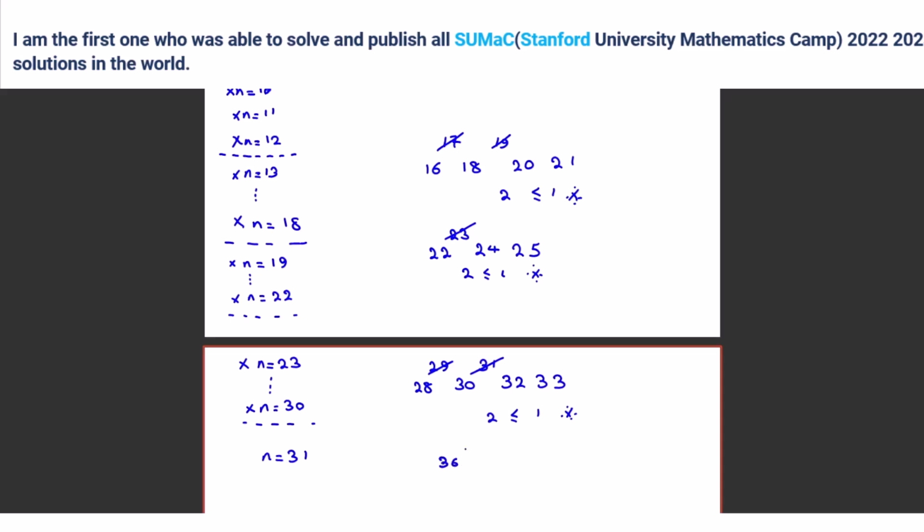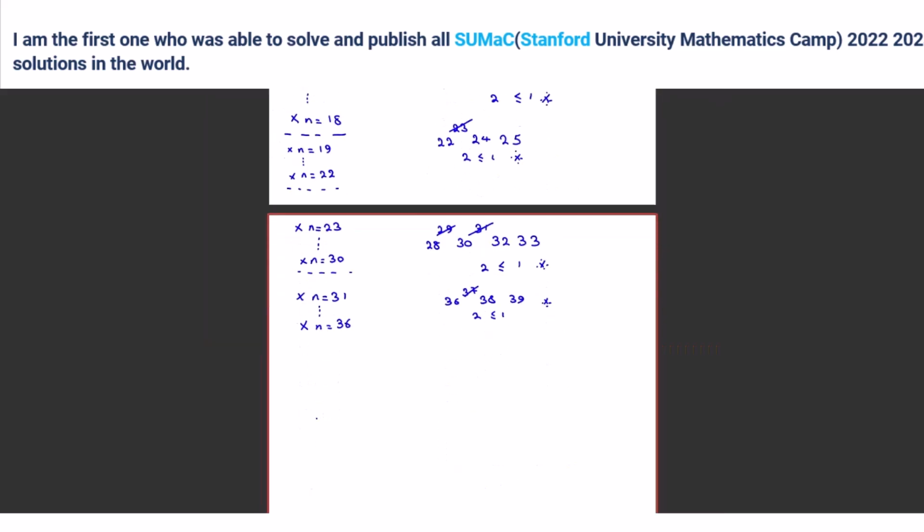Exactly. We have 36, we don't have 37, we have 38, we have 39. So 2 less than or equal to 1. Exactly. And we reach a contradiction until which n? Until n equals 36. Yes.